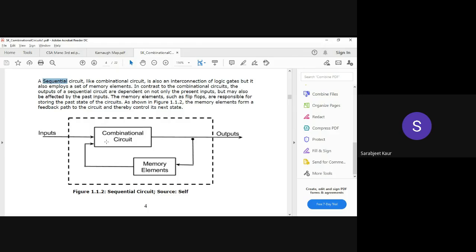The external inputs that the user is giving and also the previous output that was stored in the memory elements. So obviously the outputs in a sequential circuit at any given instant of time are not just a function of the given inputs, they also depend upon the previous state, that is the previous output of the sequential circuit. Is this clear? Yes, ma'am. Okay, good.